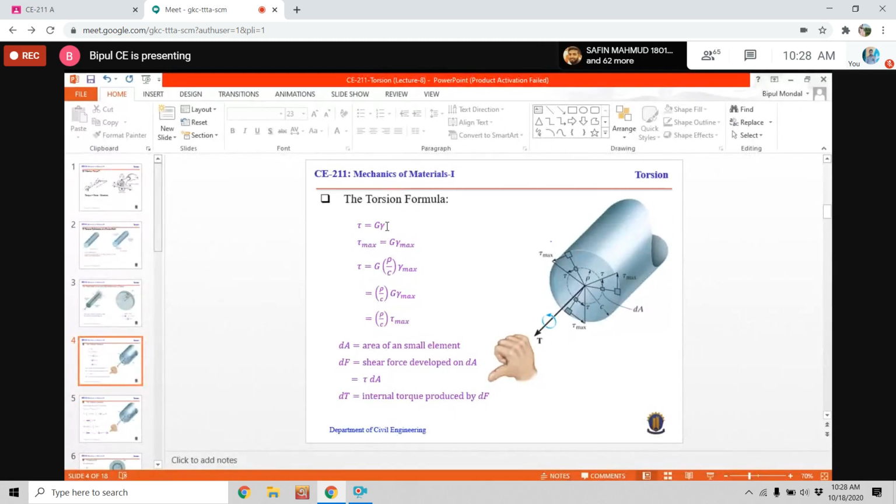So if the shearing strain is maximum, shearing stress will be maximum. So maximum shearing stress equals G times maximum shearing strain.